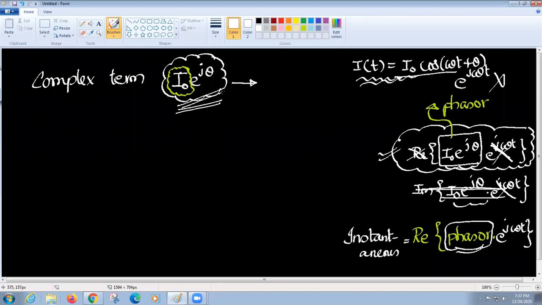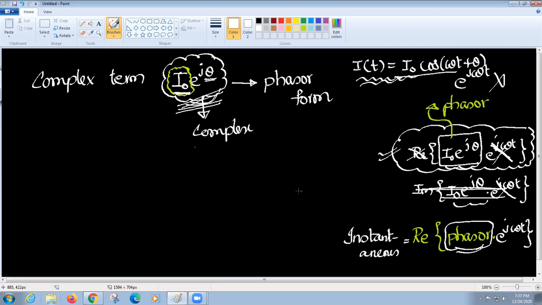So this particular thing is the phasor form, in this case of current. Now you have both magnitude as well as phase. So this is a complex value. Therefore, a phasor is always a complex number. That is pretty straightforward now.